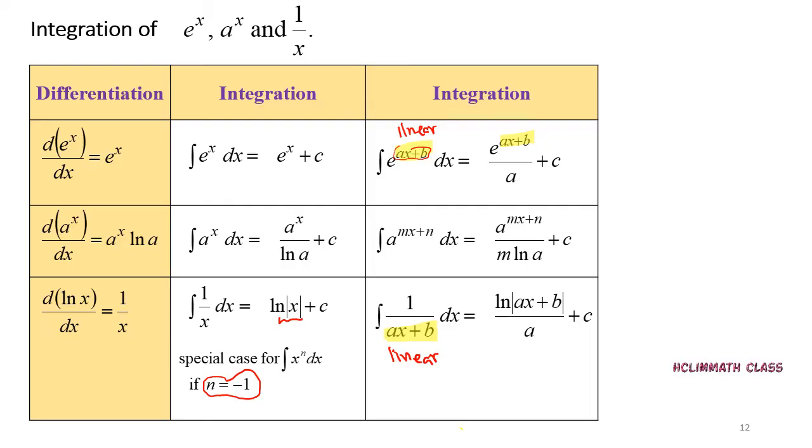Only then you have ln ax plus b over a. How do you get your a? a is the differential of ax plus b. So you get ln of ax plus b over a plus c. These are all the basic formulas for the integration of exponential functions and the functions of 1 over x or 1 over ax plus b.